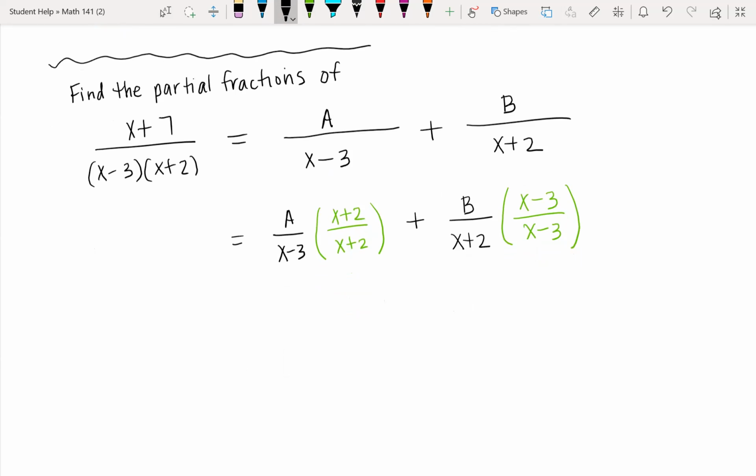So multiplying this out, I have ax plus 2a plus bx minus 3b over this denominator, x minus 3, x plus 2.